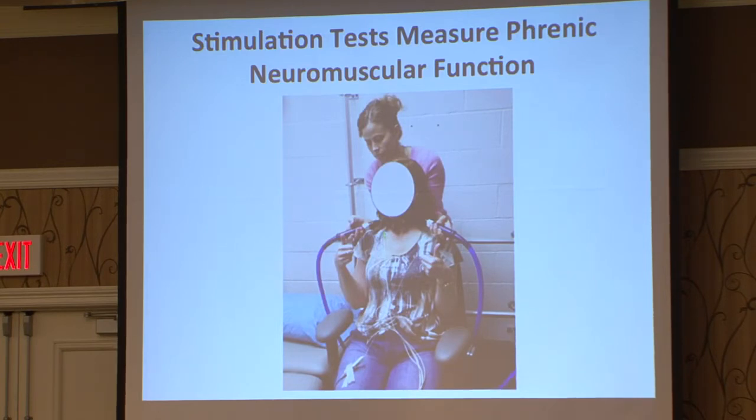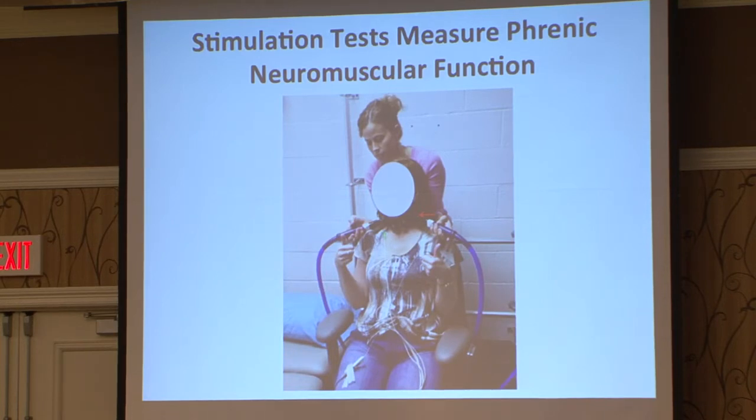But this is actually a phrenic magnetic stimulator, and our patient has swallowed 2 small, rather flexible pressure sensors, and I think we can maybe see that tiny little line kind of coming across, you may or may not be able to see this. They're tiny, they're very thin, they're very flexible.